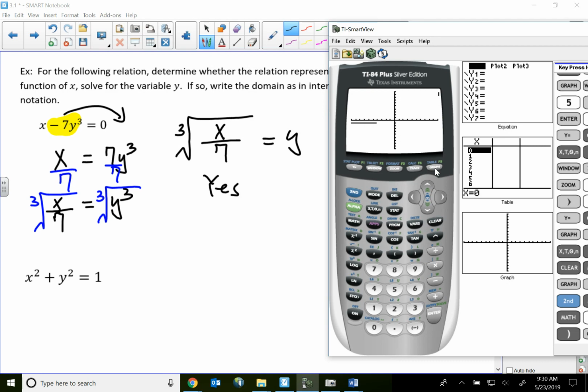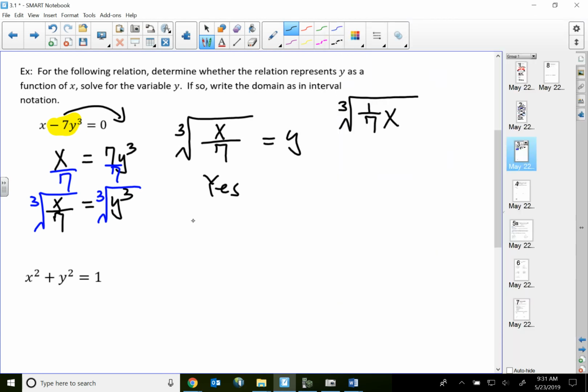It does look like the regular cube root function. So my domain has got to be from negative infinity to infinity. Even though my answer is written this way, I can rewrite it to help me see that this is a cube root function.